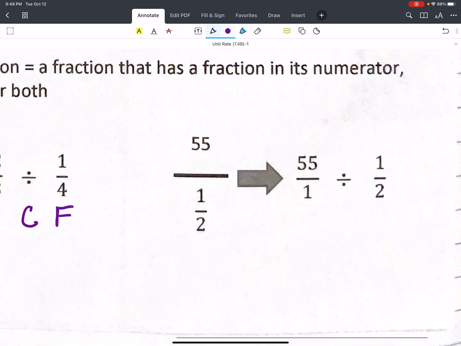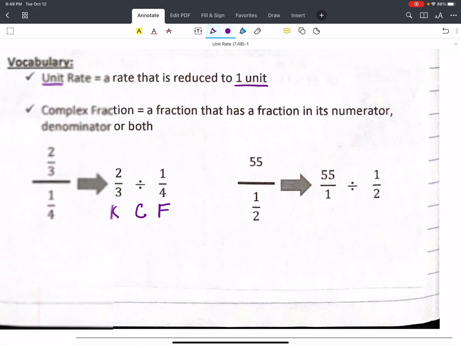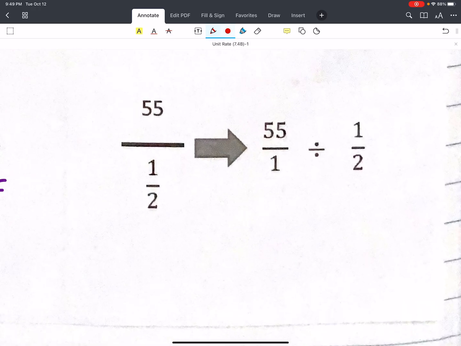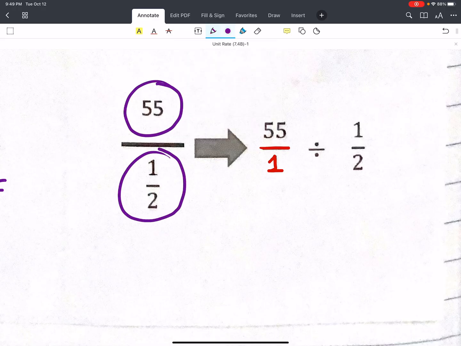Now, sometimes it's only going to be one fraction. Notice how here your numerator is 5 and then your denominator is 1/2. So how do you turn a whole number into a fraction? You just put a 1 on the bottom. Same concept. Here, the two values, one is on top of the other, similar to when we say top in, bottom out.